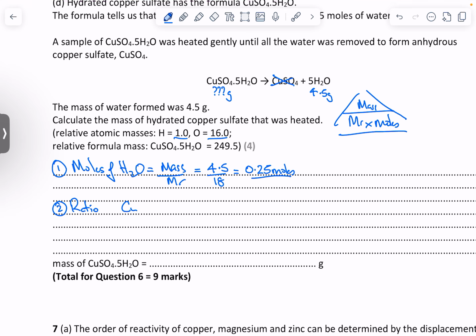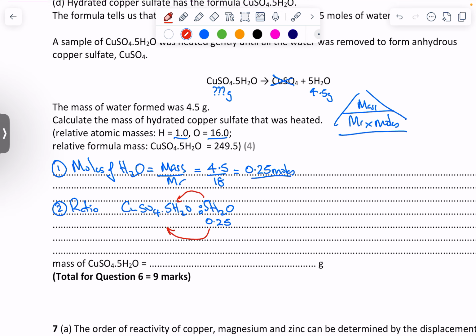Okay. Next job is to look at the ratio in the question. So the ratio is this hydrated copper sulfate compared to the water. You can see here there are 5 lots of water and only 1 lot of copper sulfate. So we've just worked out we have got 0.25 moles of this, and what I'm trying to do is get that to work this out.